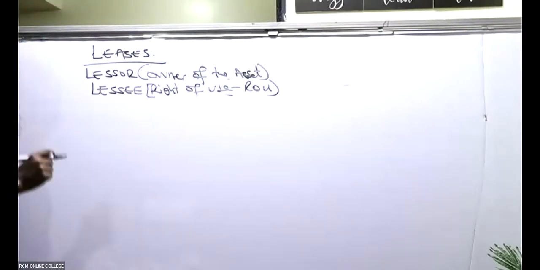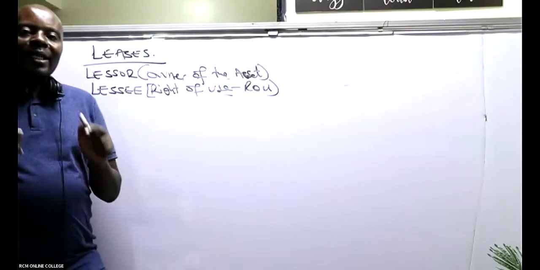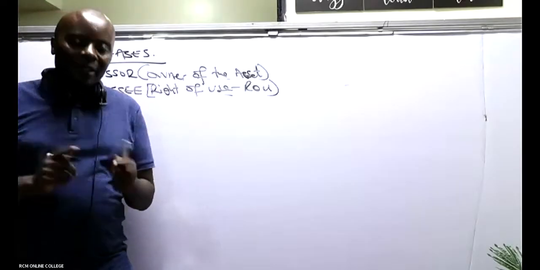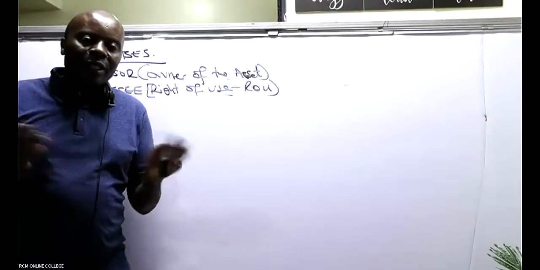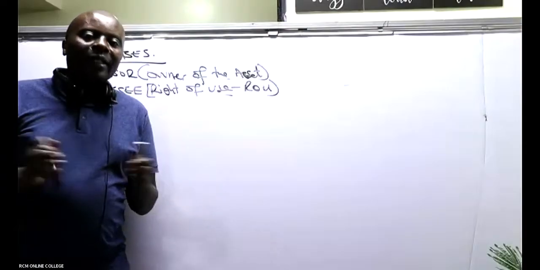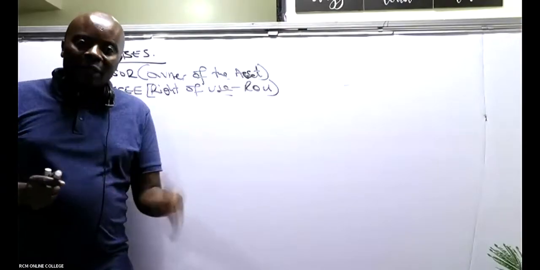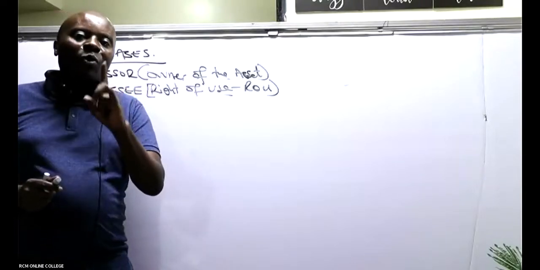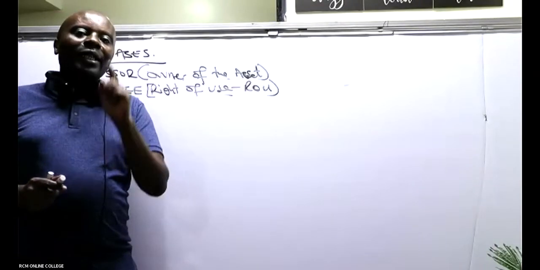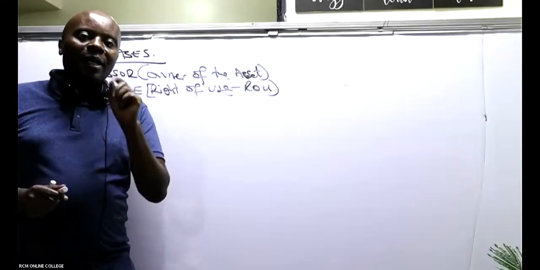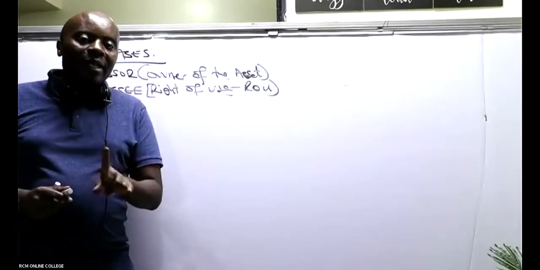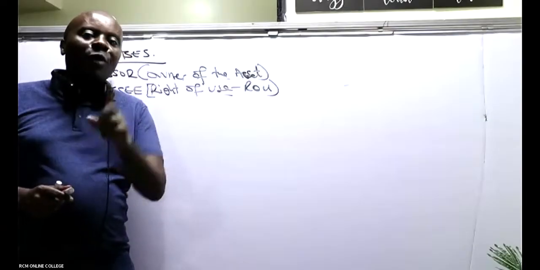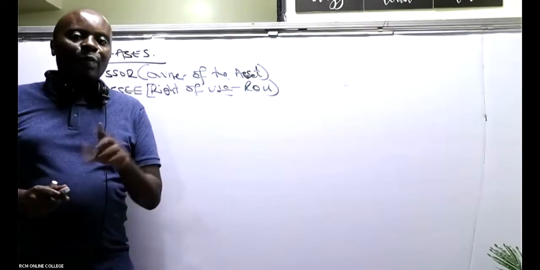So he's given the right to use this particular asset, which he doesn't own. And then at the end of each month, for example, or even at the beginning of each month, he'll be required to pay what we call lease rentals. He'll also be required to stay in these premises for a specified period.